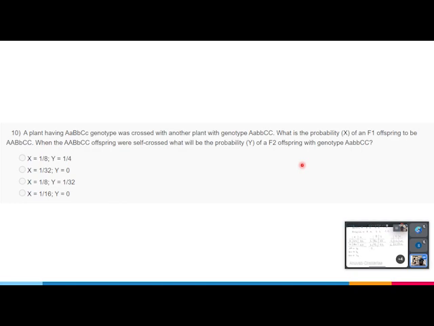Similarly, capital B occurring is half, and small b occurring is half. Similarly, C occurring probability is half, and small c occurring is also half.